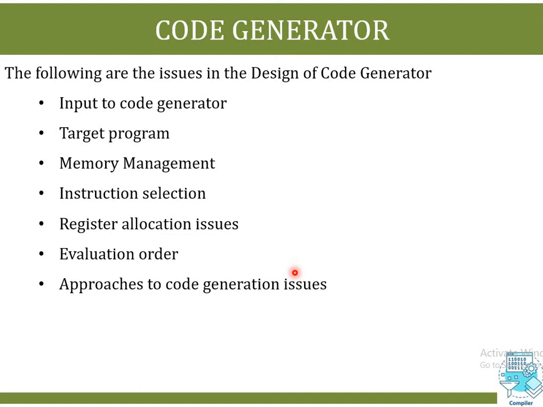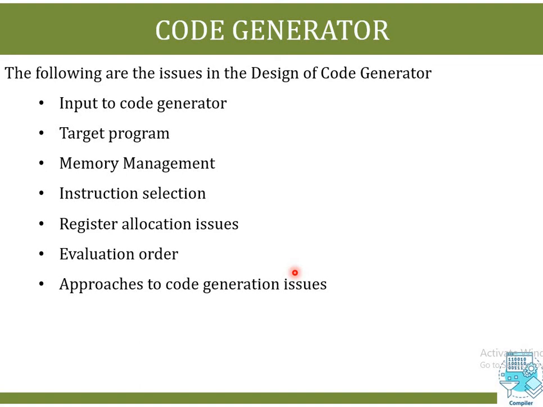We may give some intermediate representation, which can be a parse tree, a directed acyclic graph, or three address code. The entire code generation is based on the input we give. In addition to the intermediate representation, we also give the symbol table as input. So this is the first issue.